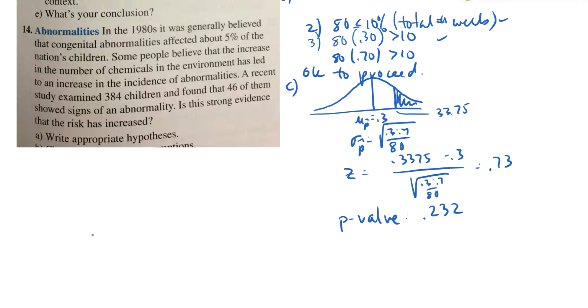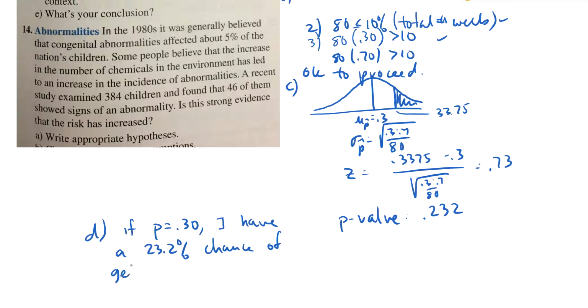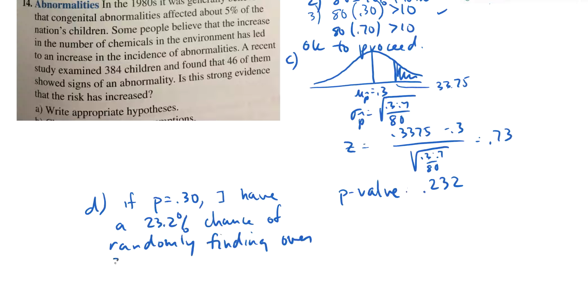This p-value means that if P really is 30%, I have a 23.2% chance of randomly finding over 33.75% of wells.